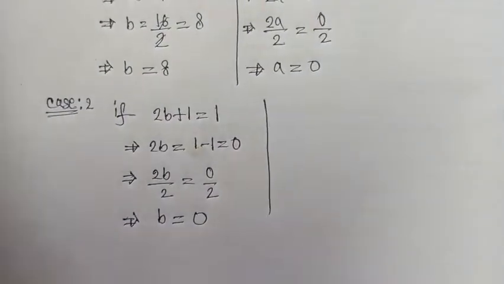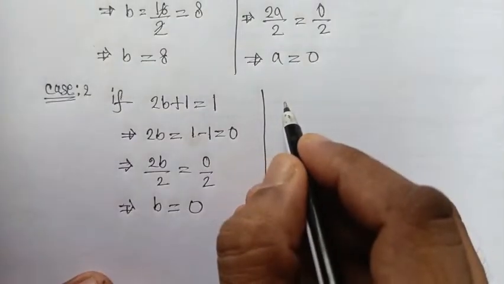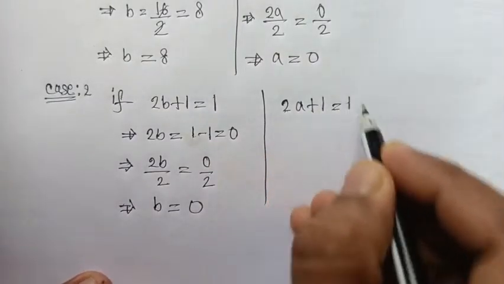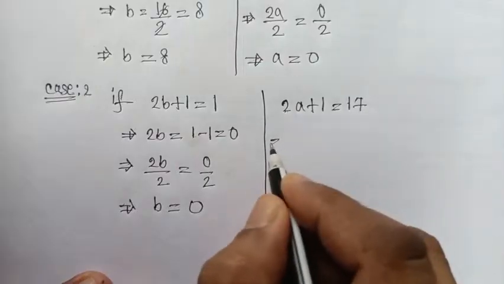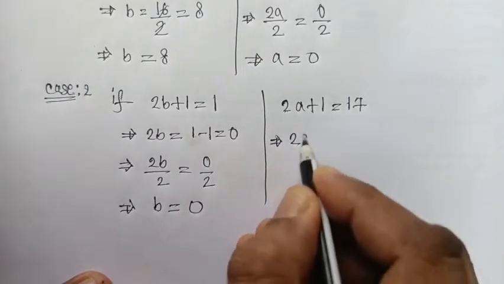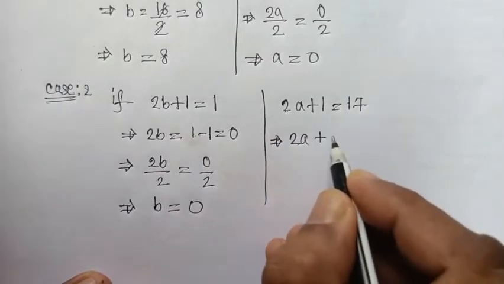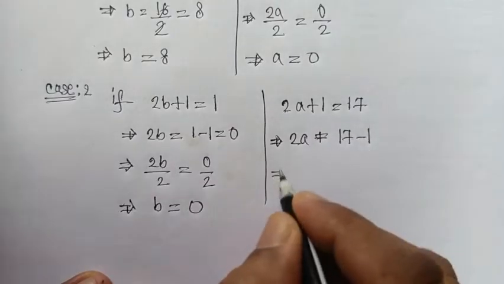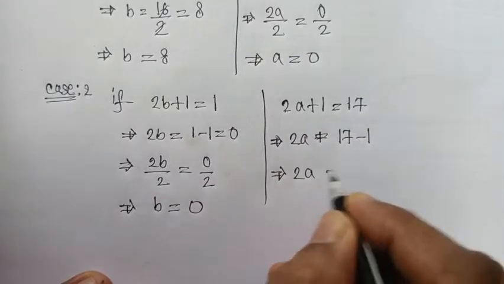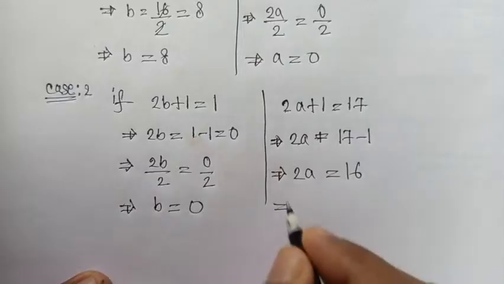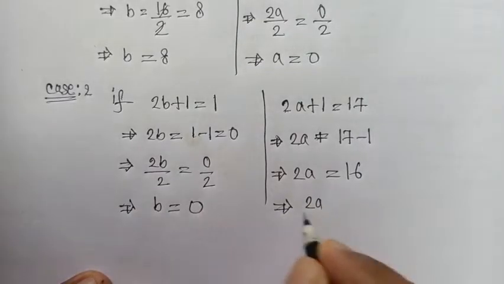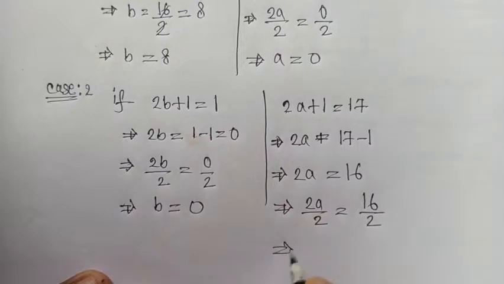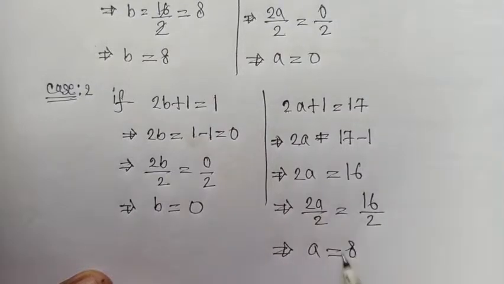Again, 2a plus 1 equals 17, so 2a equals 17 minus 1, and 2a is equal to 16. If we divide by 2 on both sides, we get a equal to 8.